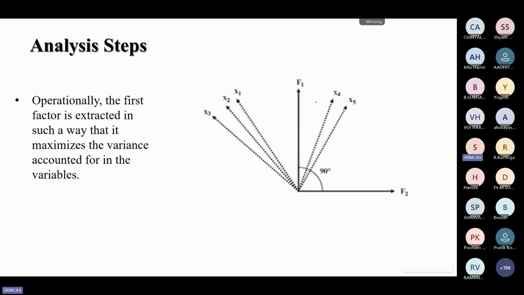If the variables are located at a 90-degree angle, then there is no relationship between the factor and the variables. Like this, the variance of all the variables is maximized and generates the score.